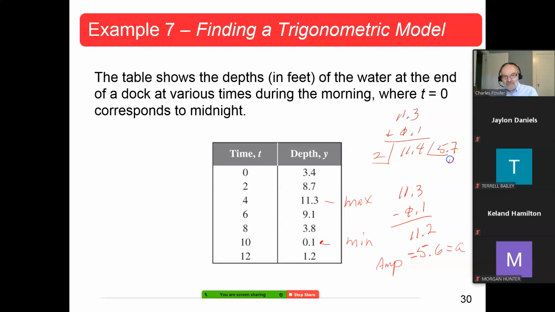So that's your D. That's the vertical shift upward.